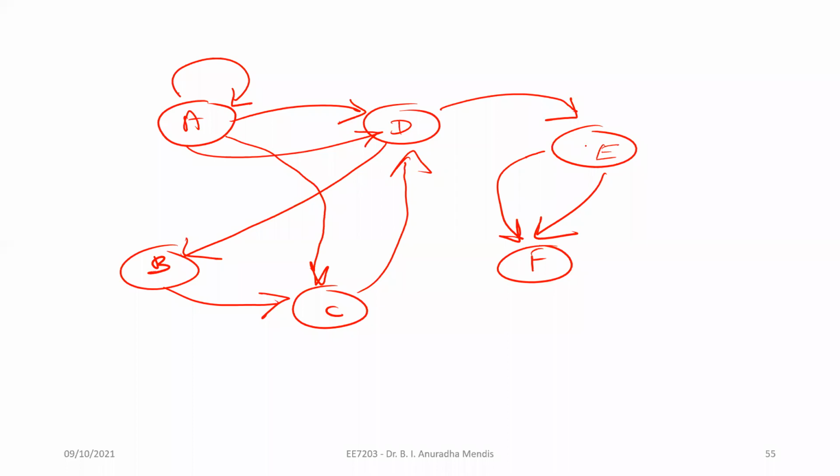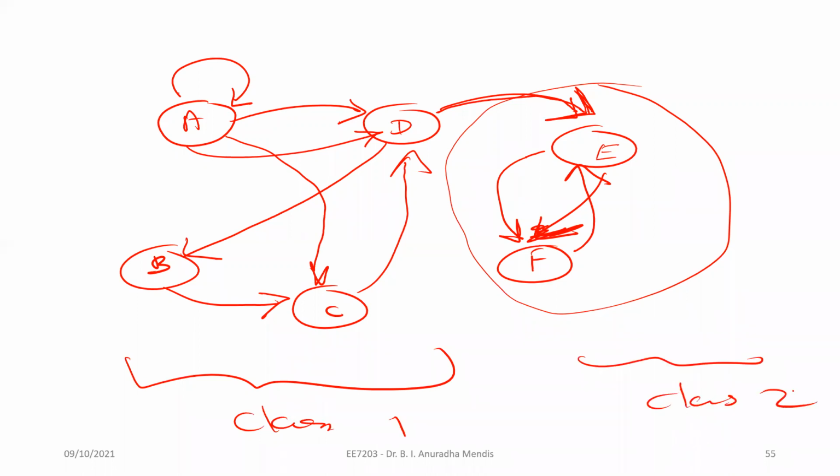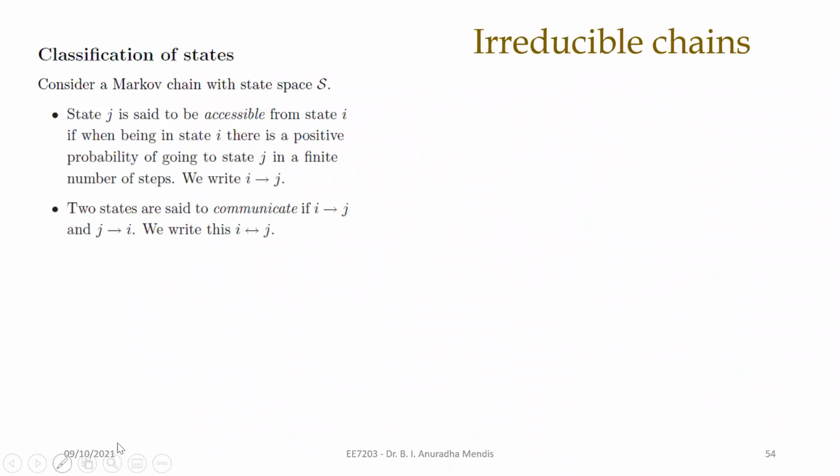There is no way to go to A. Even though you can go from D to E, E goes to F and F stays on its side. So these two states are not communicatable with these four states. We can identify this as one class, class 1, and this as class 2. So there are two classes. The whole Markov chain is divided into classes based on the communicatable states. That's what we mentioned here.